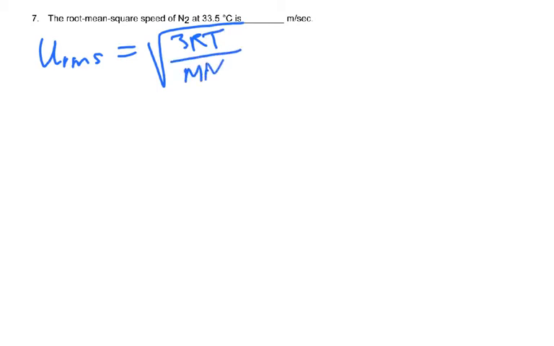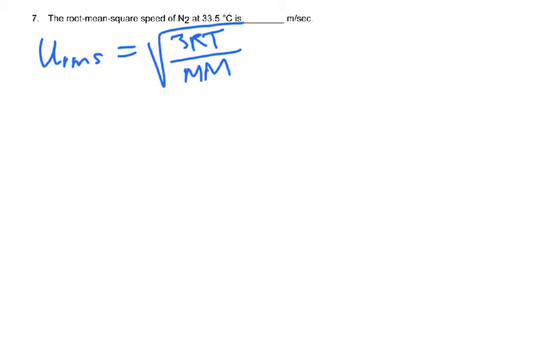So in this problem, you're asked to find the root mean square speed of N2, nitrogen gas, at 33.5 degrees Celsius. So the root mean square formula says the root mean square speed is equal to the square root of 3RT divided by the molar mass of the compound of interest.